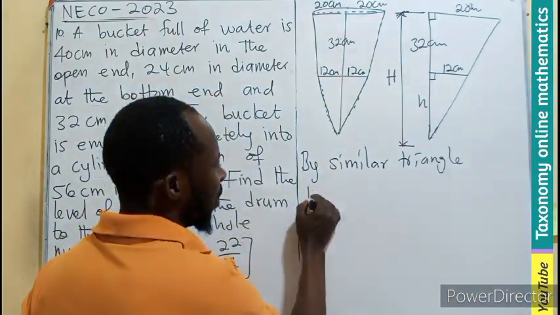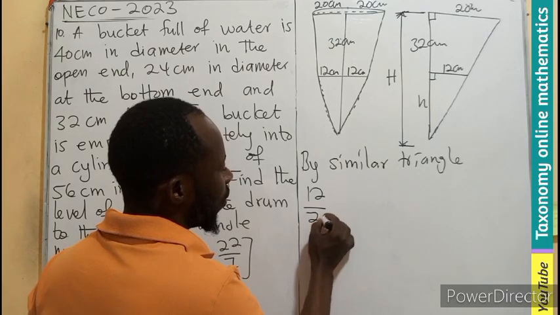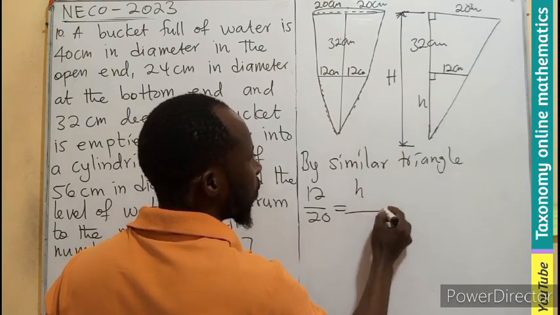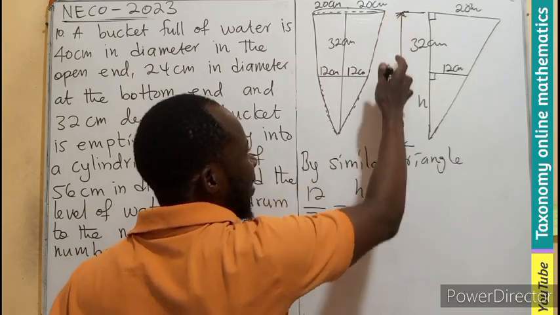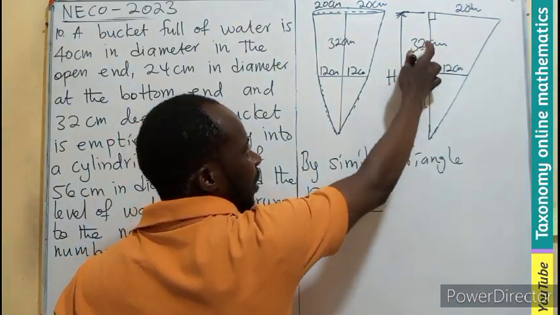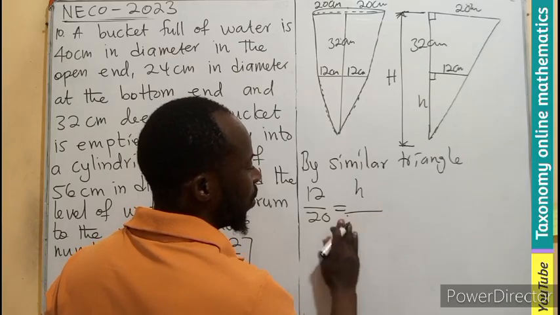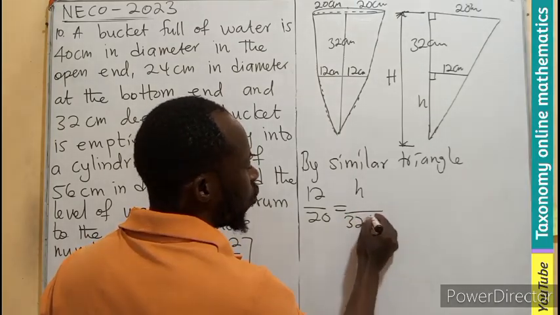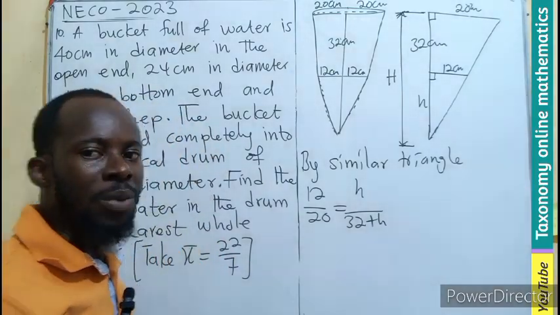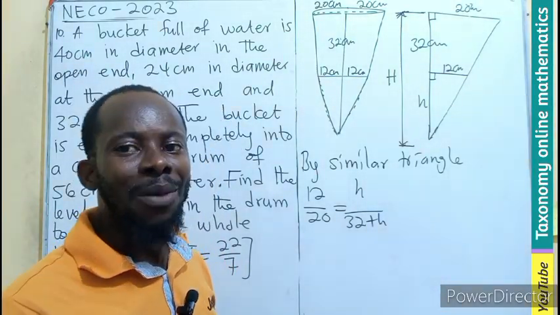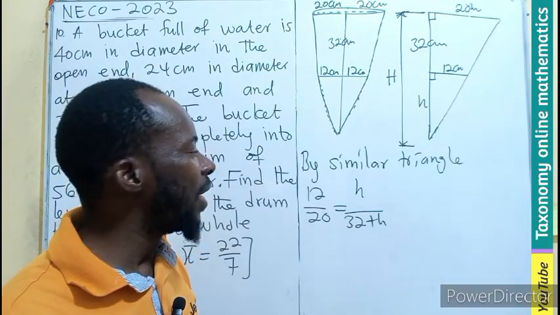So I'll be saying 12 centimeter over 20 centimeter equals vertical side h over the other vertical side, which is capital H, made up of h plus 32, or better still 32 plus h, so that I'll be dealing with only one dimension, the small letter h.